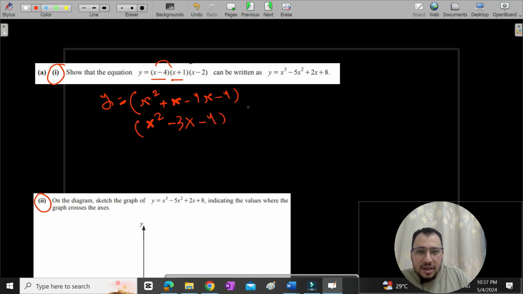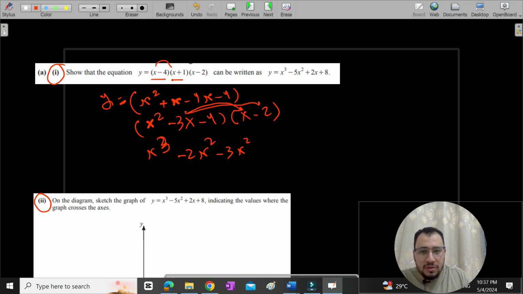This is multiplied by x minus 2. Let's distribute again. So x squared multiplied by x is x cubed, and here minus 2x squared, then minus 3x squared. This is by distributing this here and there. Plus 6x. And then we distribute the negative 4, so minus 4x plus 8.